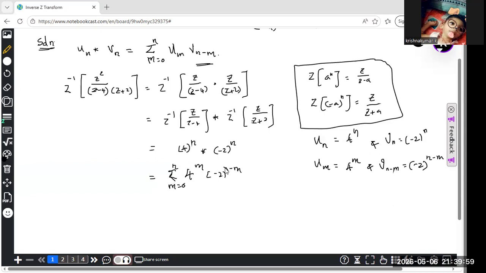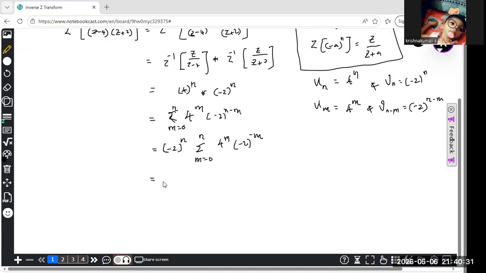Therefore the term minus 2 power n is a constant with respect to m, so we can take minus 2 power n commonly outside. Then summation m equal to 0 to n of 4 power m and minus 2 power minus m. So this expression can be rewritten as minus 2 power n, summation of 4 power m and minus 2 power minus m.